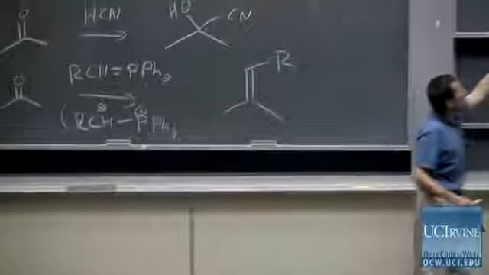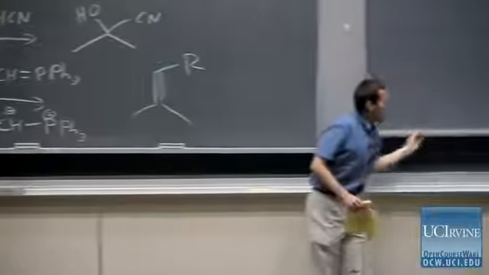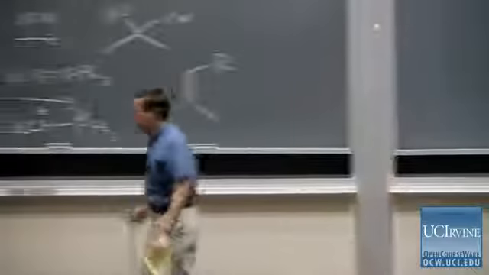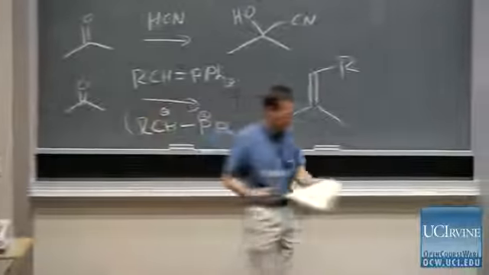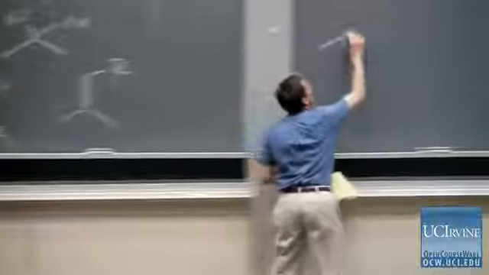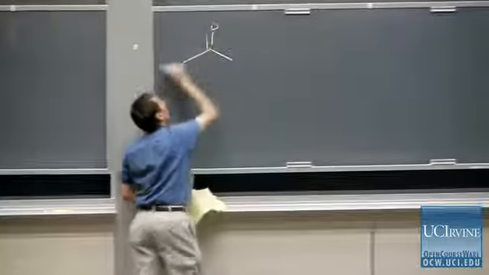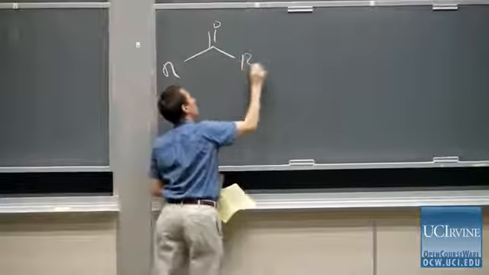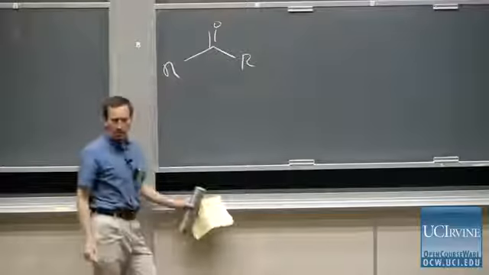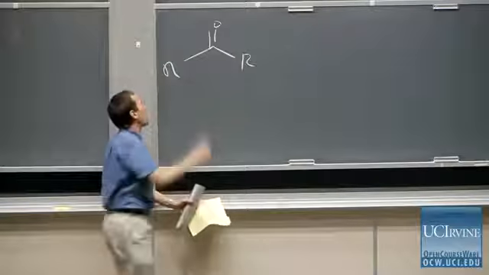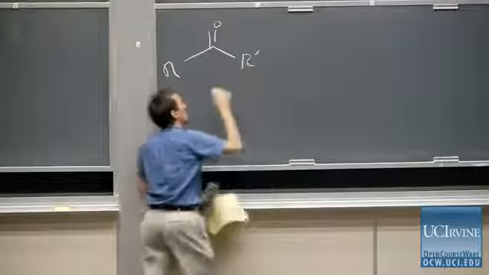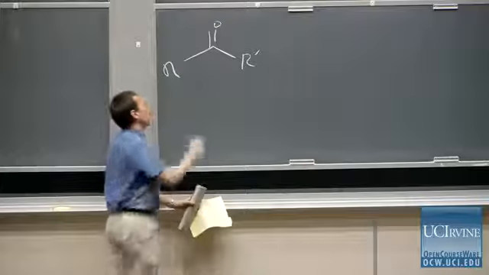So by way of diving into things, let me start with a generic reaction here. If we have some compound, organic chemists often use R groups to indicate unspecified alkyl groups, or sometimes even alcohol and hydrogen.